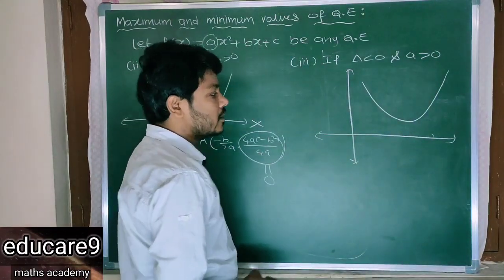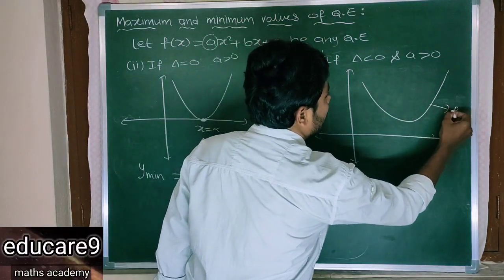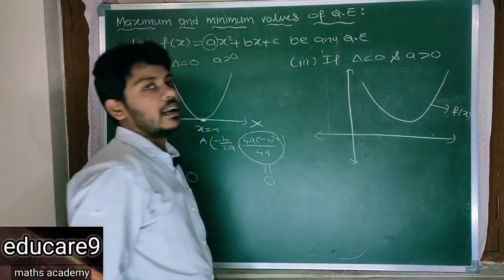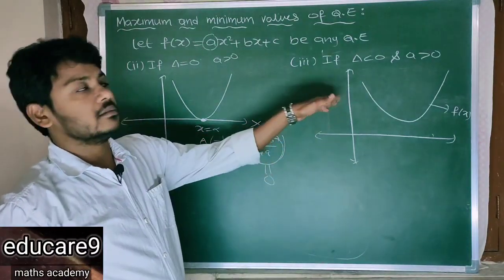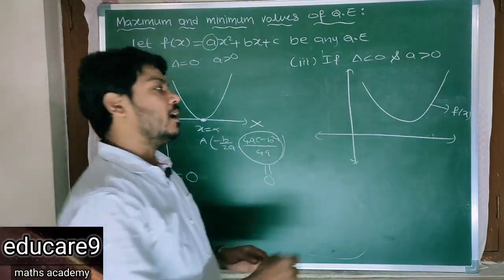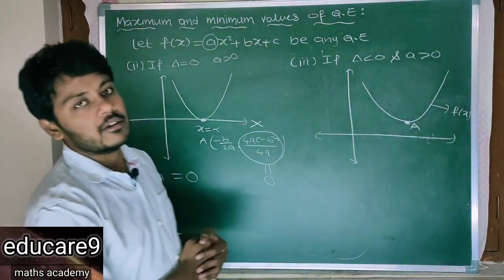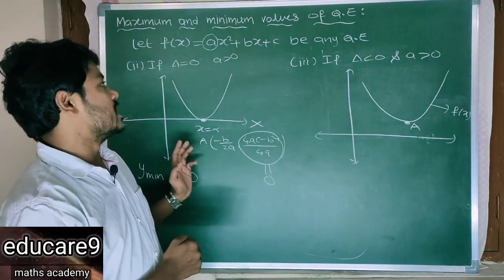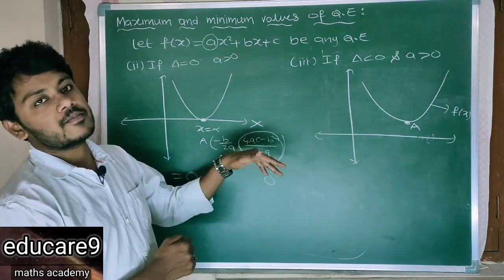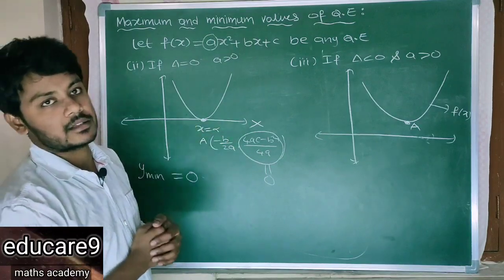This is the f of x graph. So clearly this function f of x has the minimum at the vertex. Already you proved in the first case. Similarly, in the second and third case, this f of x has minimum value at the vertex.